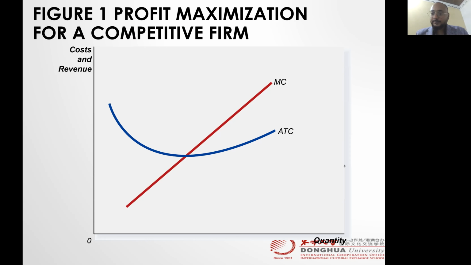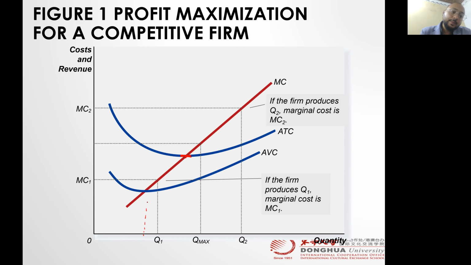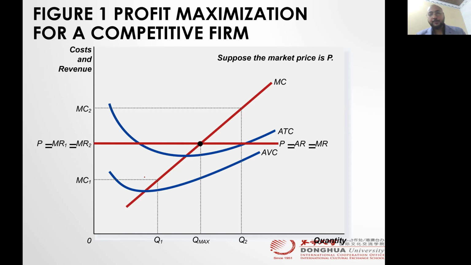On the left-hand side of the efficient scale, you need to produce more. Why? If you produce more, your cost is declining here, right? And if we combine it with the market price, price is equal to AR is equal to MR.